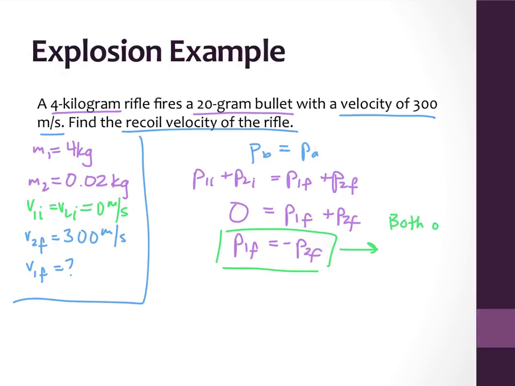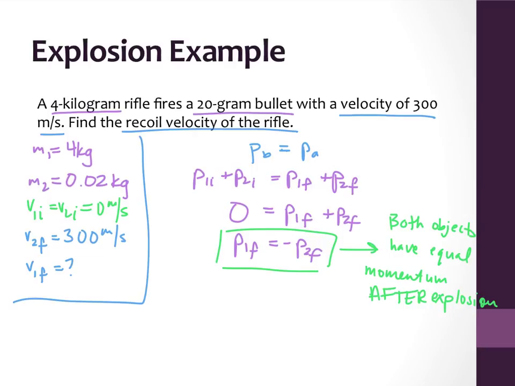Both objects have equal momentum after the explosion. But because of their different masses, they're going to have different velocity values. So you're going to definitely see the rifle have a smaller velocity than the bullet. If the bullet goes out at 300 meters per second, you should really expect the rifle to have a recoil velocity of a much smaller value.